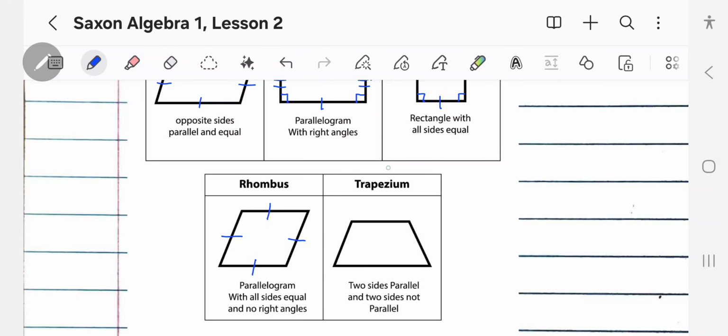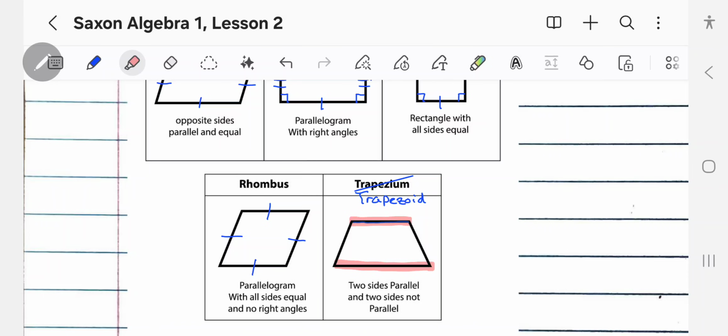Now, your book calls this a trapezoid and not a trapezium. Okay. So a trapezoid is not a parallelogram because it does not have 2 pair of parallel sides. It does have 1 pair of parallel sides.